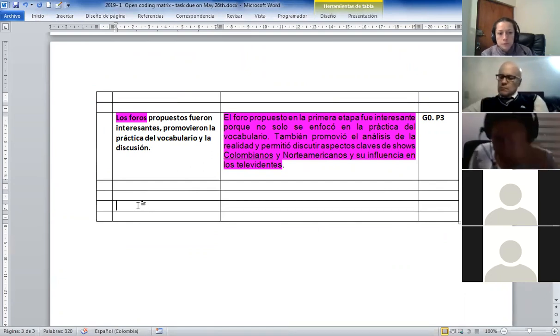The only thing that we have to upload is this matrix. Exactly. It doesn't matter what we do with the other files. We can change them in colors or whatever, but only this one.